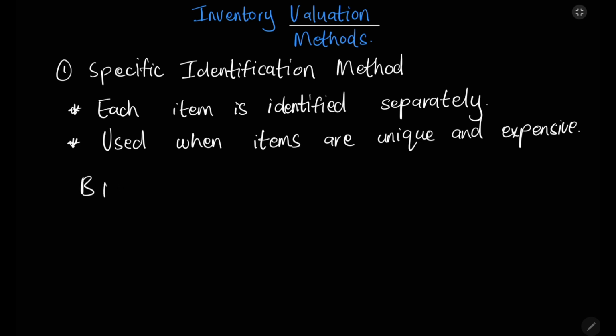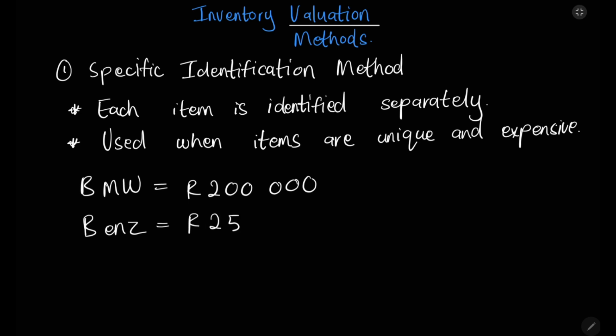Let's say a BMW is worth 200,000 Rand, and a Benz or a Mercedes is worth 250,000 Rand. If a Benz gets sold, then the exact cost is used, meaning they'll write 250,000 Rand in their financial statements. Okay, so they specify every single item.